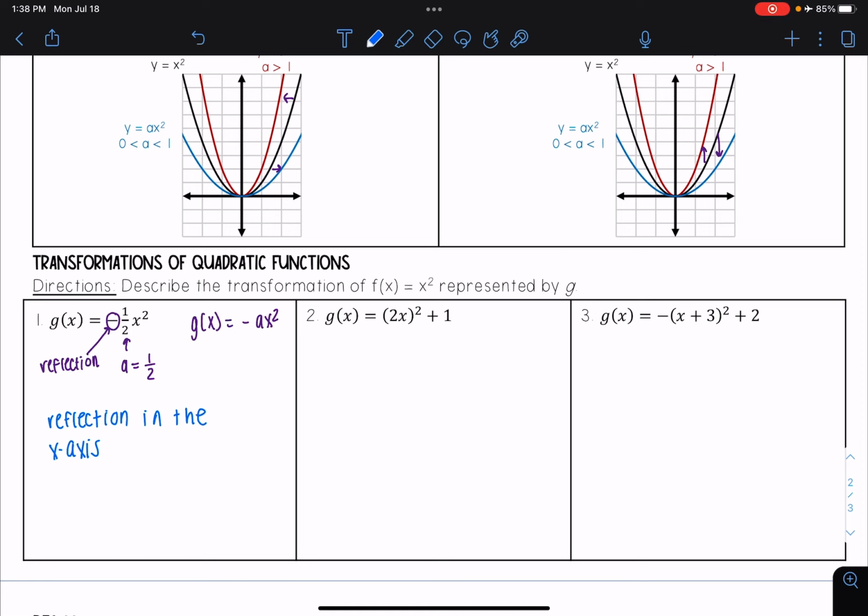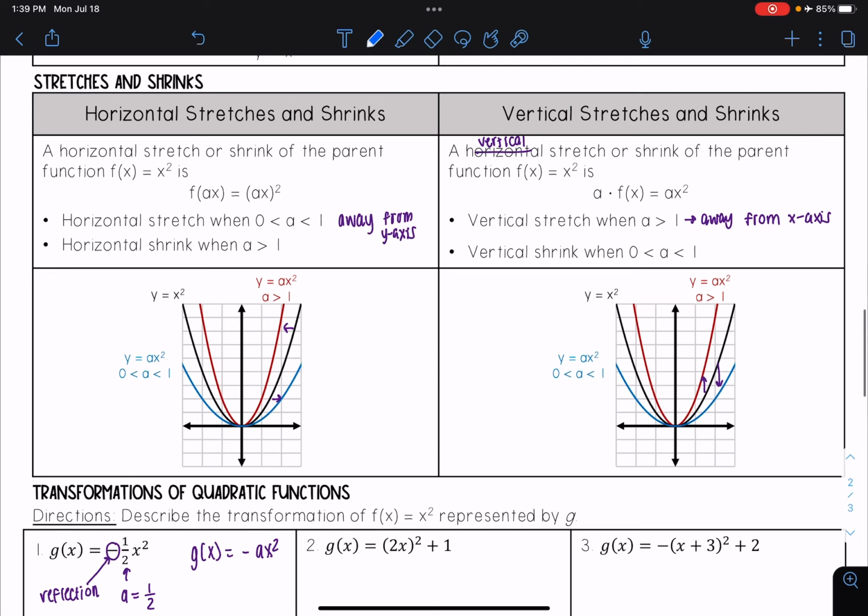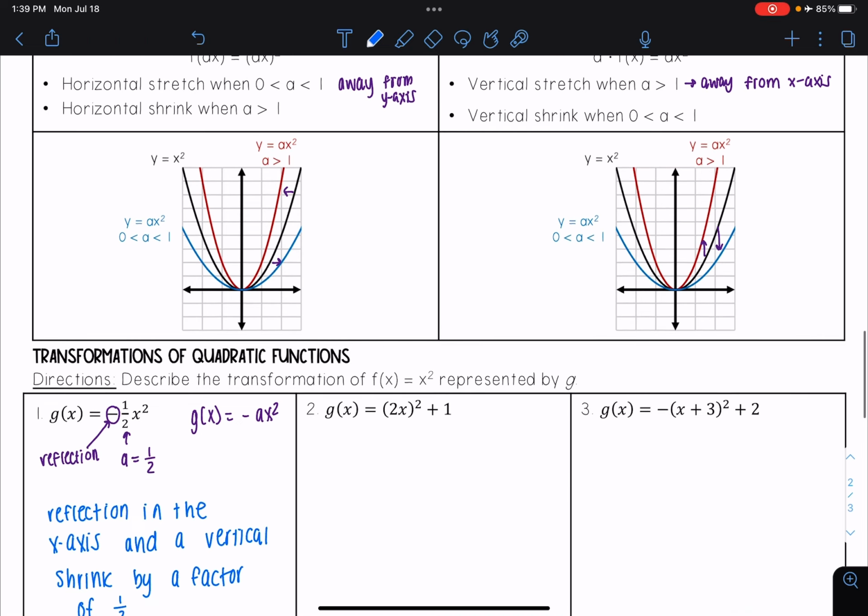And since I had multiplied my function by 1/2, this is going to be a vertical shrink by a factor of 1/2. And again, that is because you're multiplying your function by your a, just like what we see up here under vertical stretch.